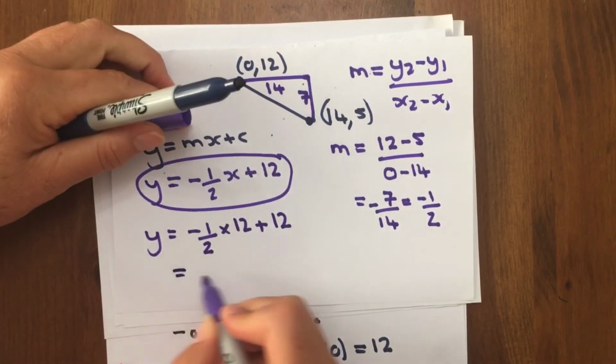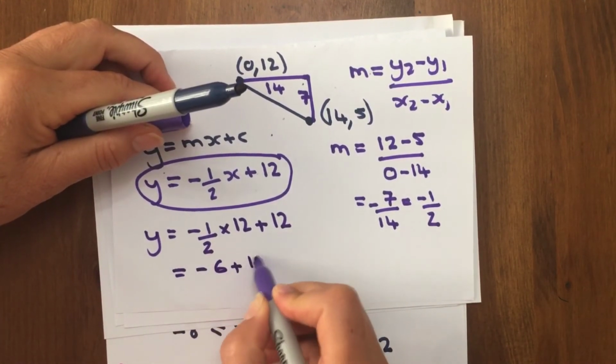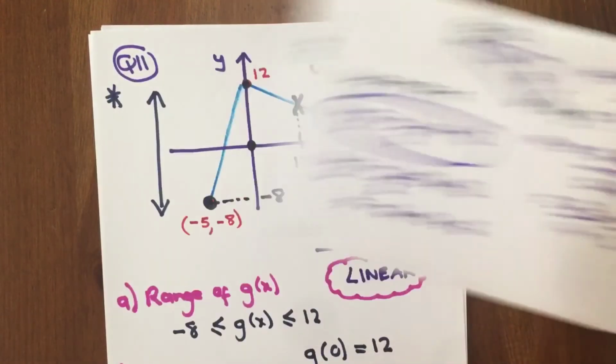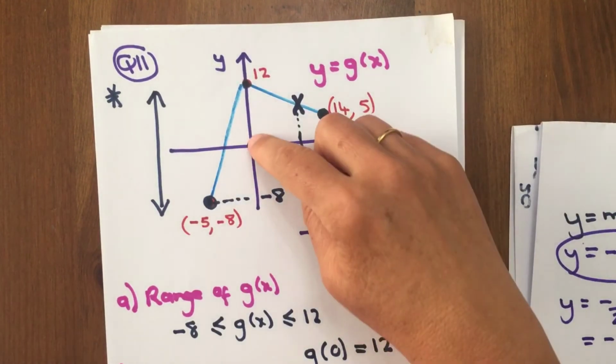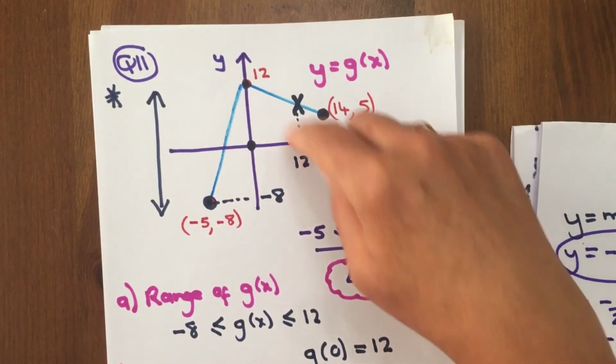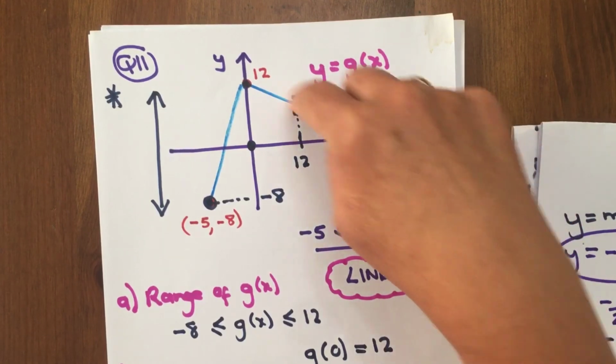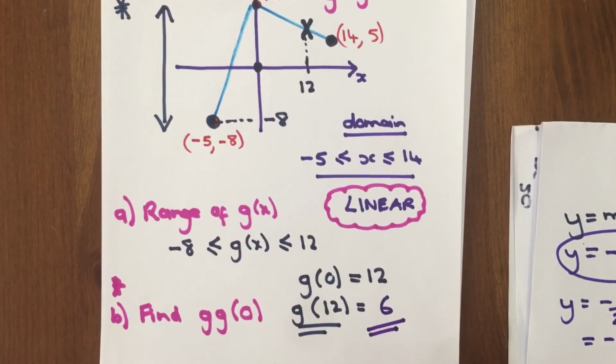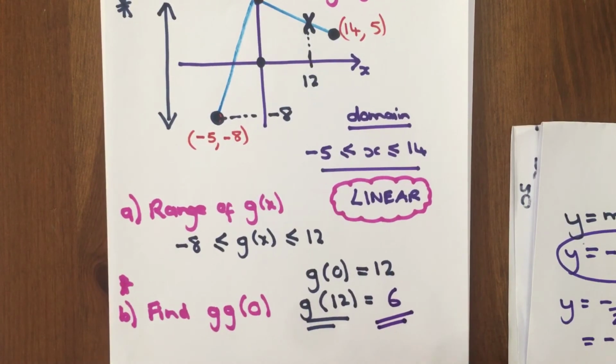If I put that in, I get -6 plus 12, so I get my answer of 6. So I got g of 0 is 12, and g of 12 from the equation of the straight line is 6, and that is my end answer. You may need to follow that through again, a difficult bit, this bit here.